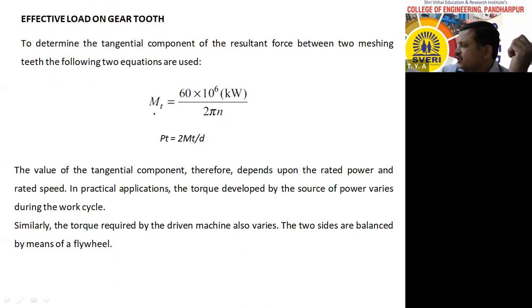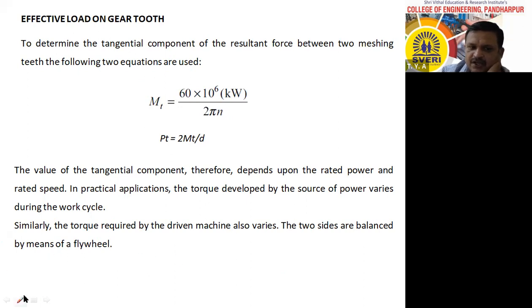First is torque transmitted, MT, is equal to 60 into 10 raised to 6 into kilowatt, means power in kilowatt, divided by 2 pi n. This formula you are knowing. This is not a new formula. This is the old formula. And the tangential force or tangential load PT is equal to 2 MT divided by D.